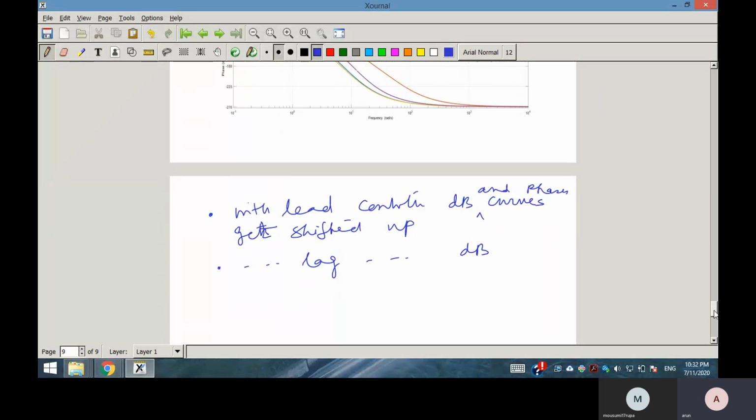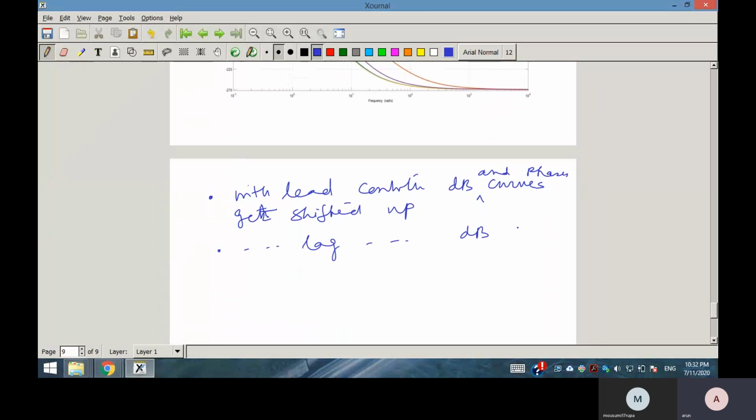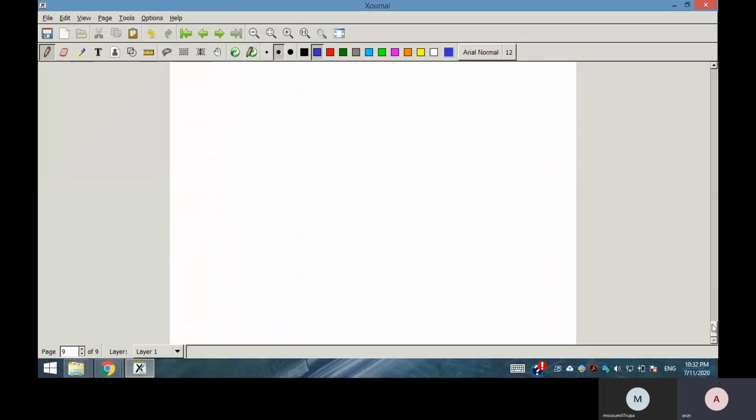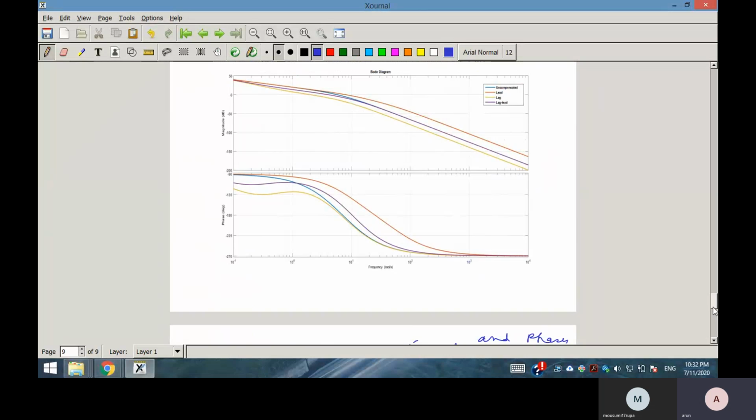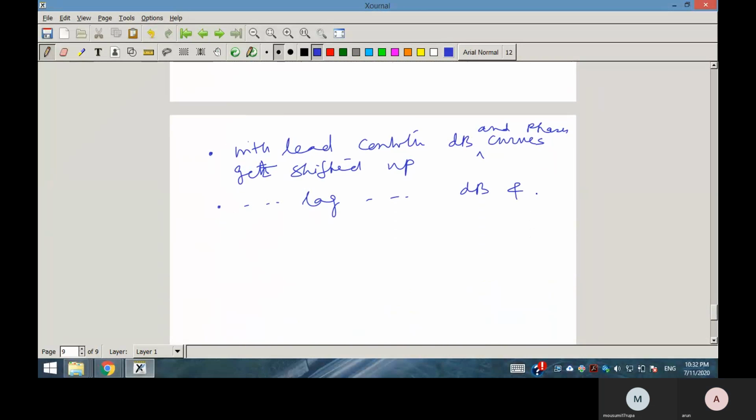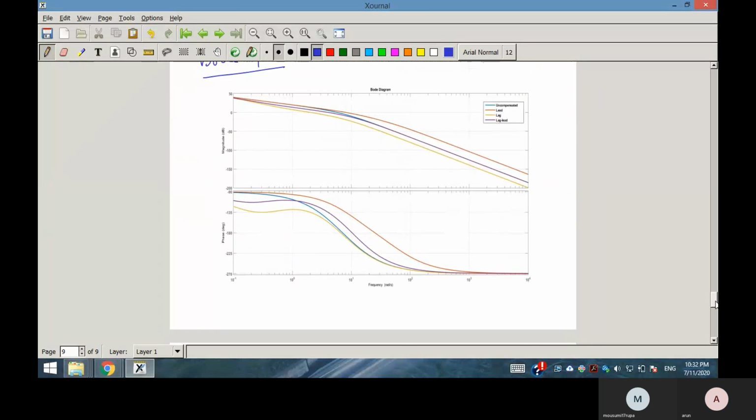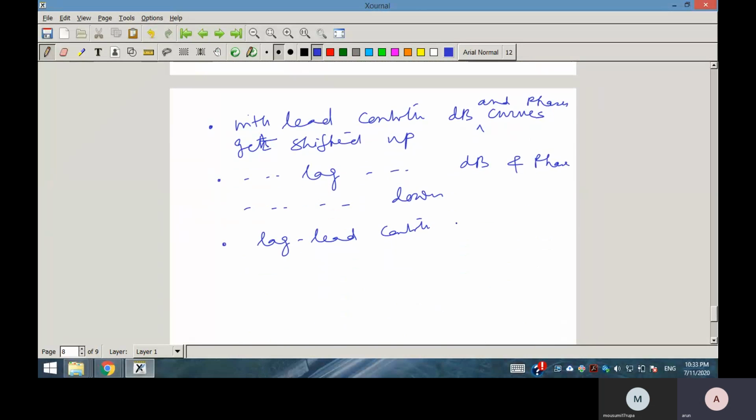The gain as well as phase curves get shifted down, and in case of the lag-lead controller, a compromise is made.